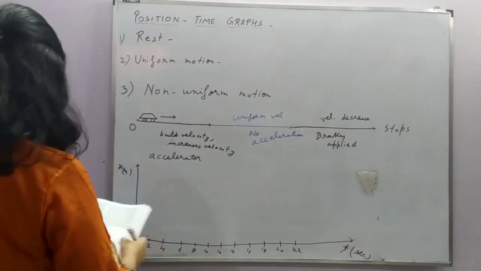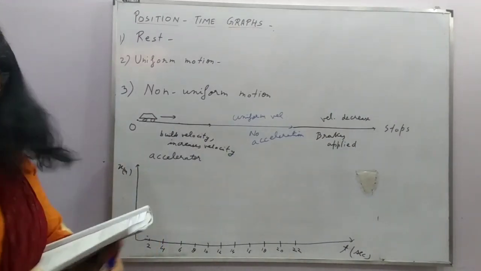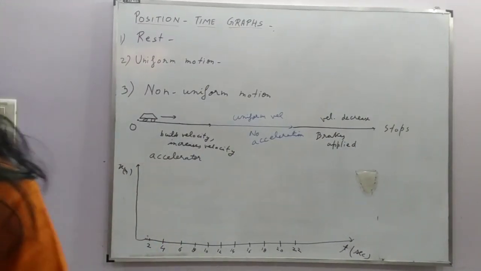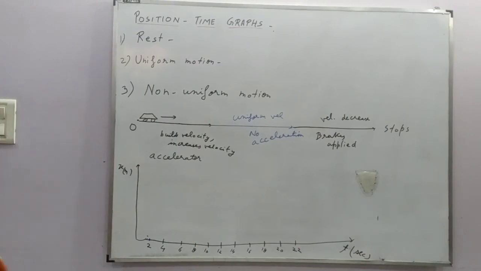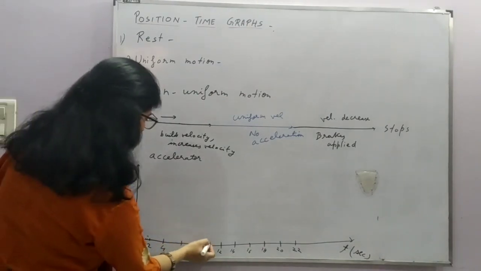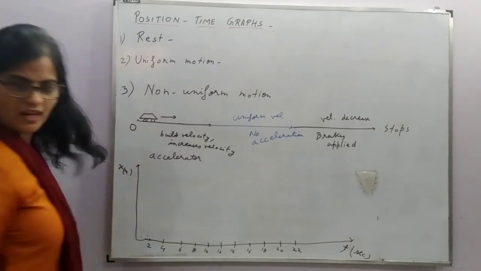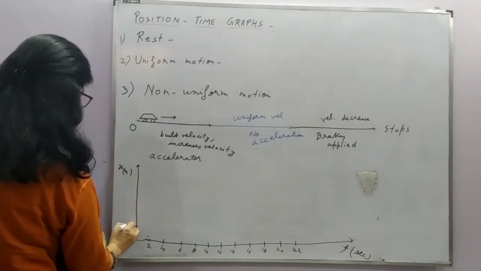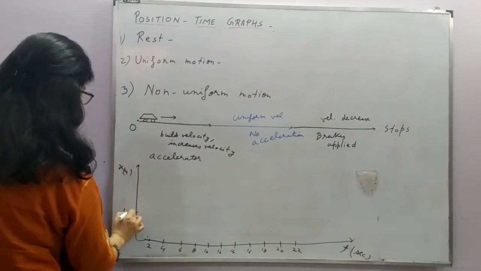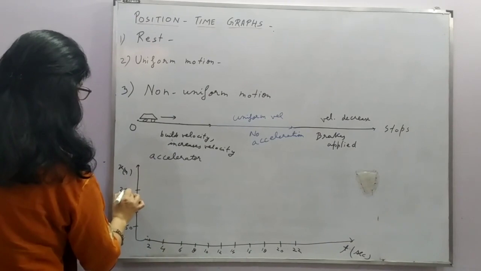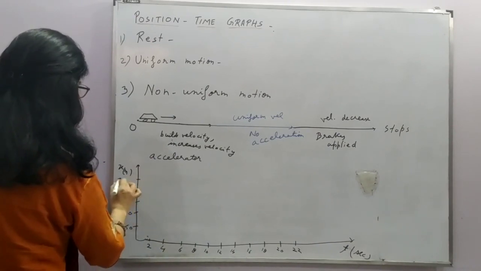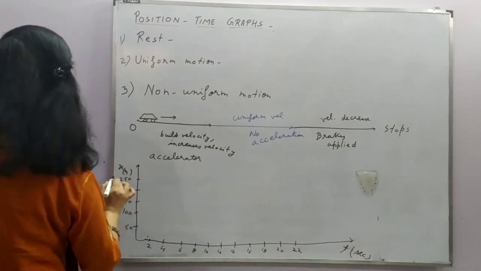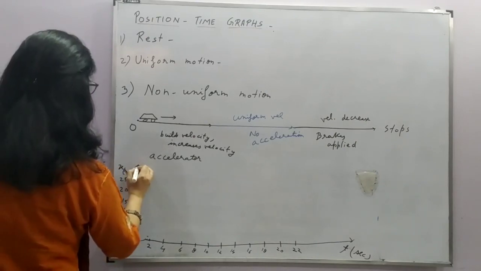Right? So from here, initially, the body started from rest, and from 0 to 10 seconds, right? Here I'll have to mark these points again: 50, 100, 150, 200, 250, and 300 here.